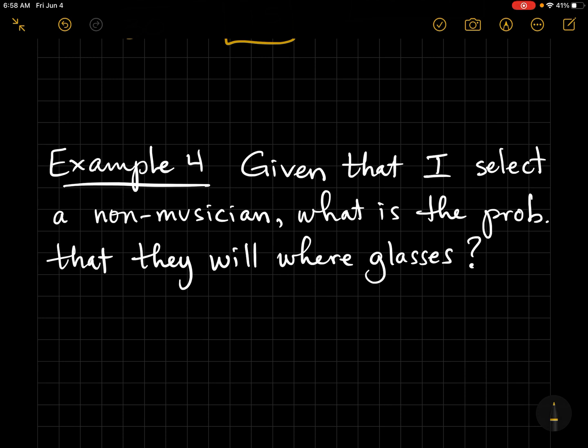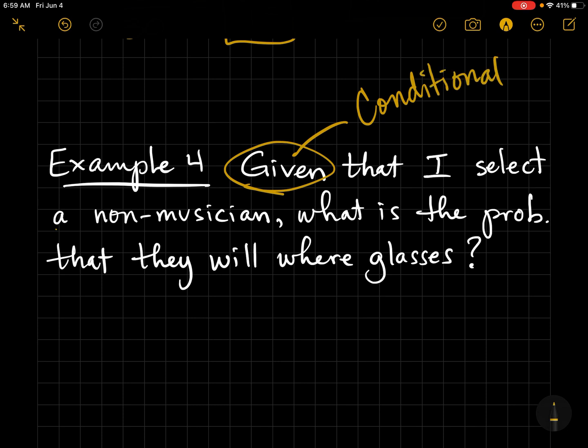Let's look at this last example. Given, that's a buzzword, okay? Given that I select a non-musician, that's a condition, okay? That's a condition right there. And we call this conditional probability.